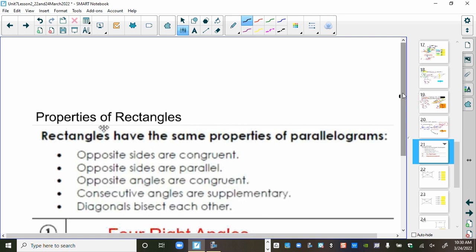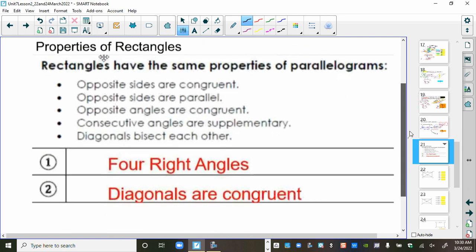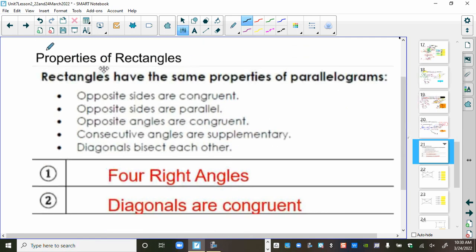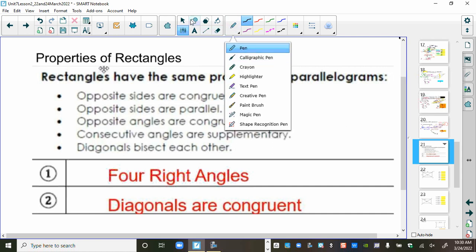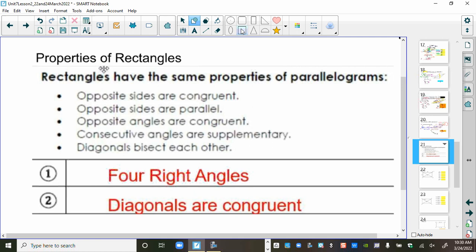So similar to parallelograms, rectangles. We're going to start talking about some rectangles now. Opposite sides are congruent. We agree? Parallel as well. Opposite angles are congruent. And in this case, with a rectangle, all 4 of your angles are what type of angle?